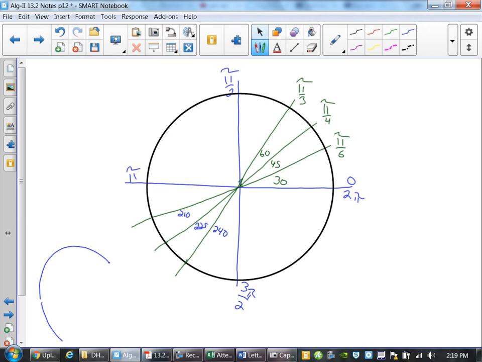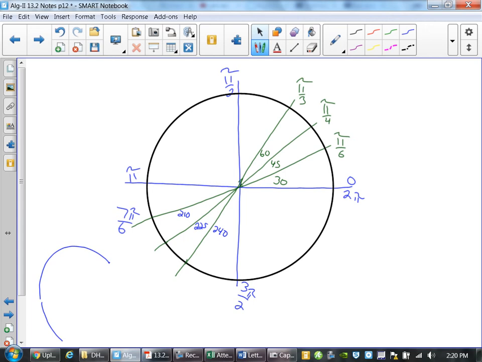If I added 180 degrees to get to that other quadrant, I would have to add pi. So what's pi plus pi over 6? Think of it in terms of part and a whole. 1 over 6 plus 6 over 6 is 7 pi over 6.